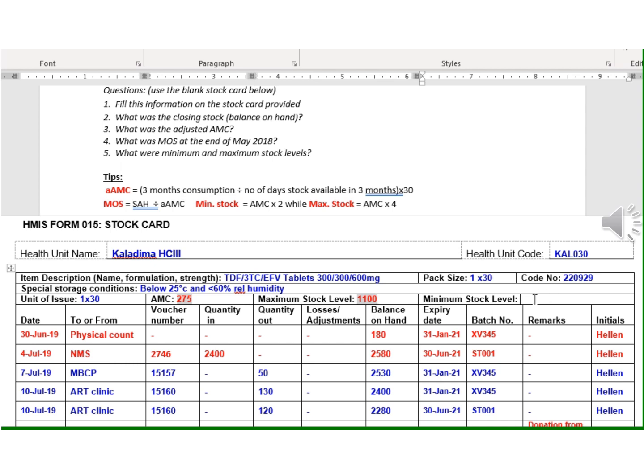Then my minimum stock level is 2 months, because I'm getting supplies refilled every 2 months. So at any given time, I should not stock below 2 months, because if I stock below 2 months, I will not have stock to carry me through till the next delivery.